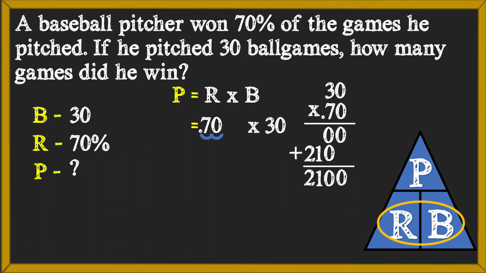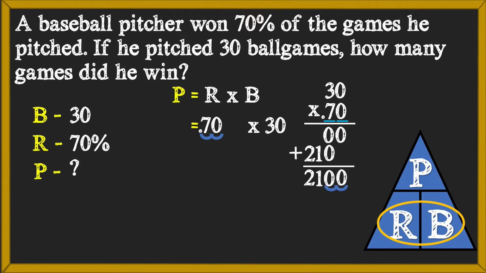And since 0.70 is a decimal, we need to put a decimal point in the product. To know where we are going to put the decimal point, count the number of decimal places from the decimal. 1, 2. There are 2 decimal places, so let us count 2 decimal places from the last digit of 2100. 1, 2.